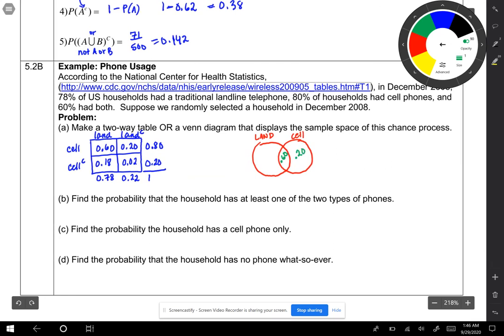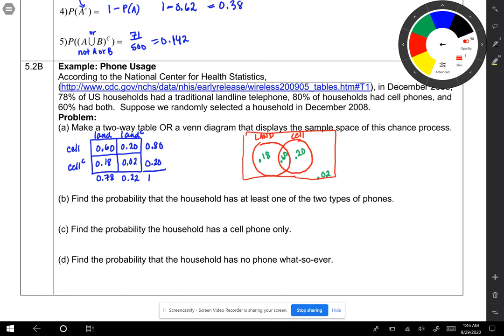And landline total is 0.78, so this has to be 0.18. And then out here is 0.02. Oops. A really bad drawing. Okay, and then you can use either one to answer the questions.